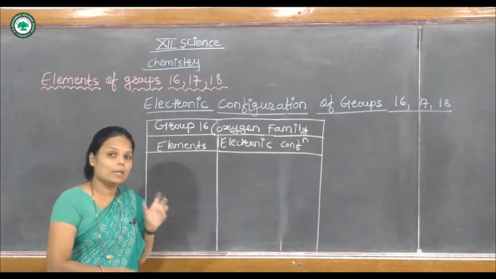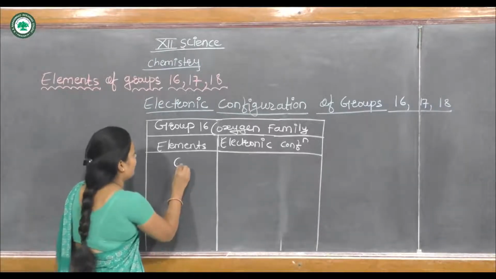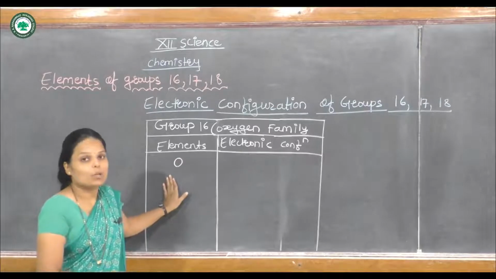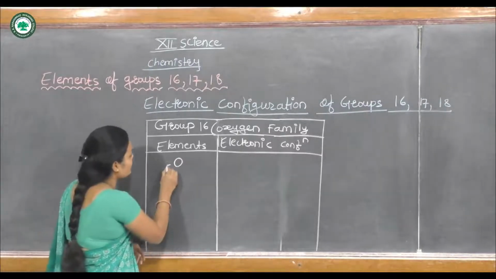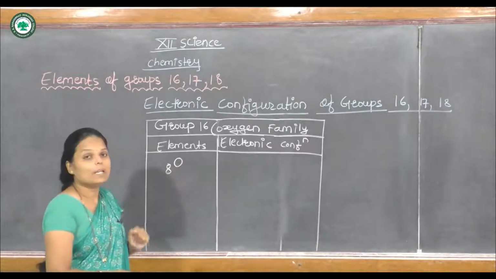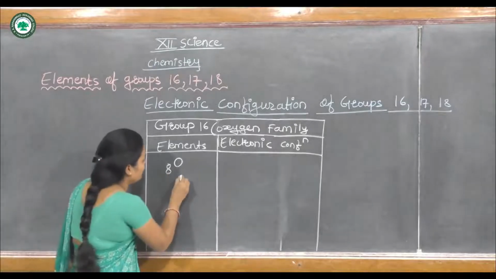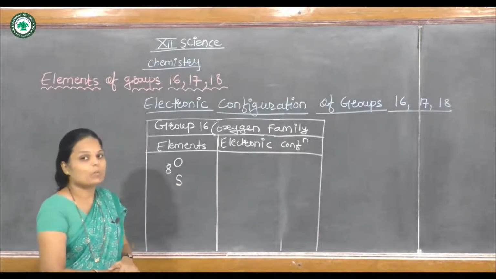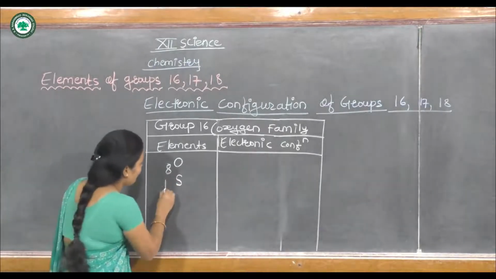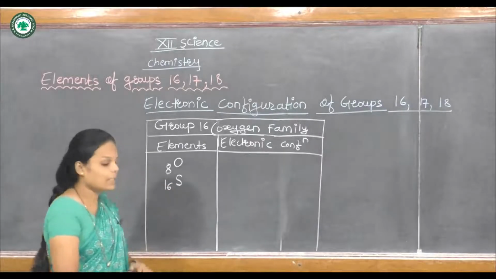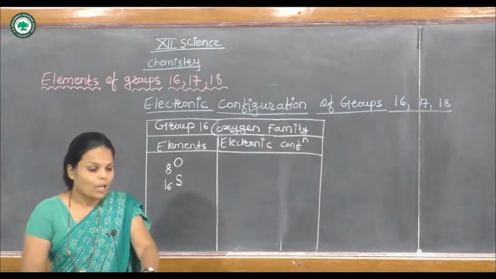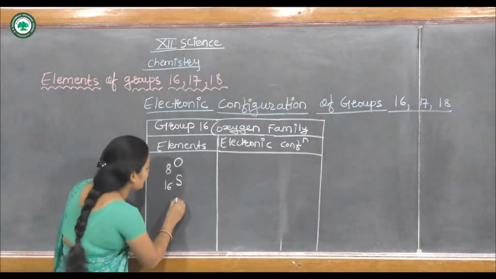The first element is oxygen. Its atomic number we know is 8. Then the next element is sulfur, whose atomic number is 16. The next element is selenium, atomic number 34.